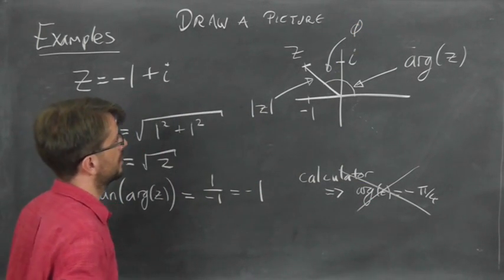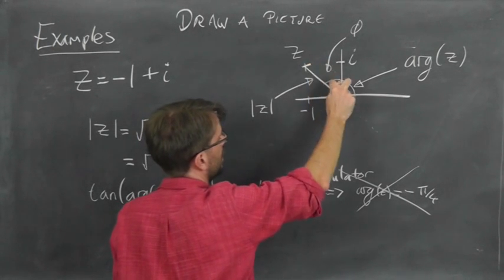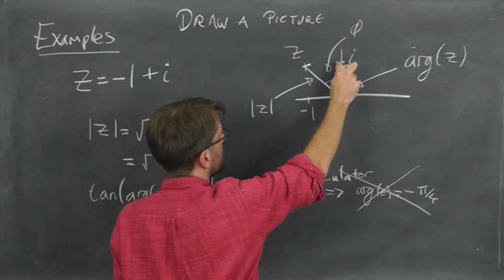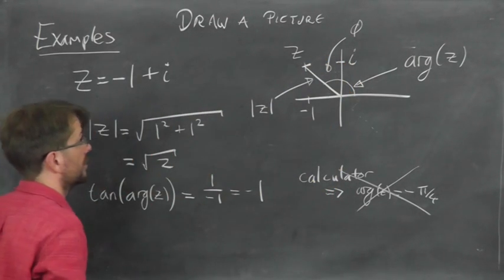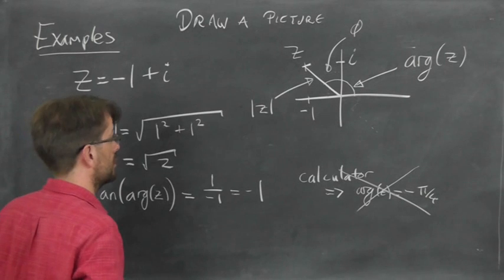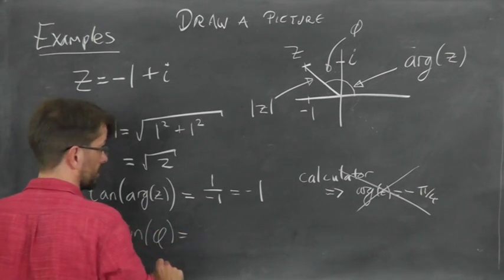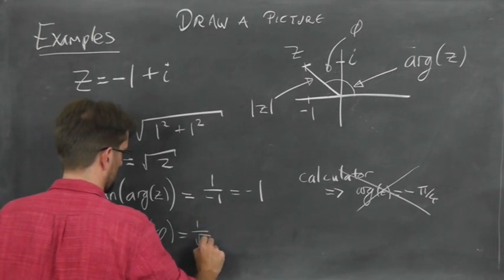Okay, so this angle here, if we just call that angle phi, as I say, there's many ways you can do this. The opposite is 1, so the length of that is 1, and the hypotenuse we've worked out is root 2. So sine of phi is equal to opposite over hypotenuse, so it's 1 over root 2.